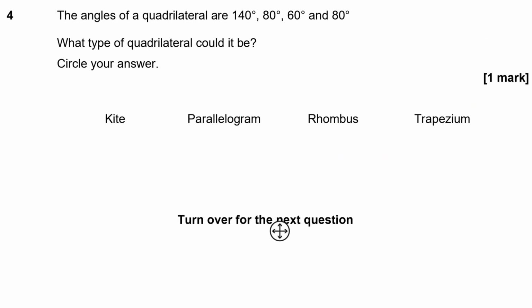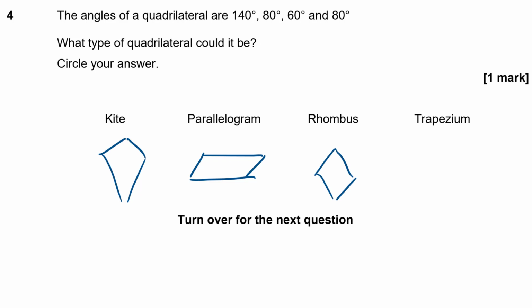The angles of a quadrilateral are 140, 80, 60 and 80, and we're asked what type of quadrilateral this could be. Okay, now what do these quadrilaterals look like? Okay, looks like that. This is my roughly drawn parallelogram, rather poorly drawn rhombus, and there's my trapezium.